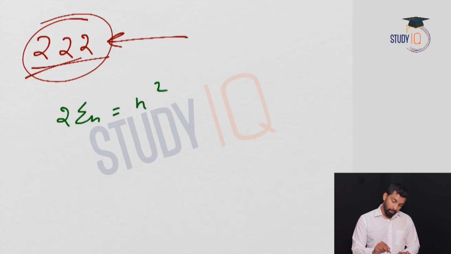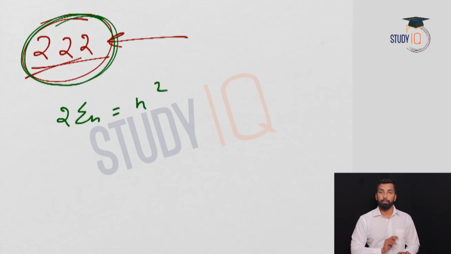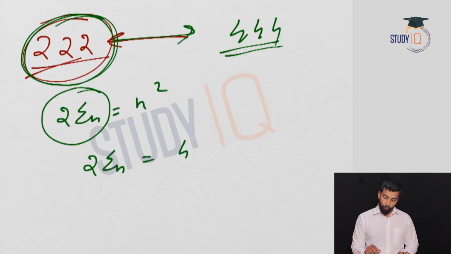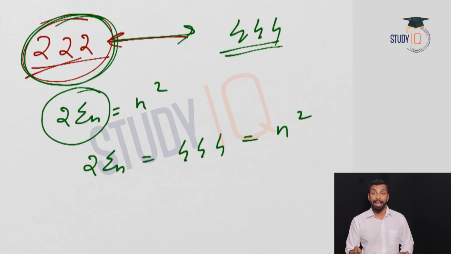For the time being, you assume that this is the sigma n number, because he is trying to find sigma n. What is 2 times of it? 444, right? So 2 times sigma n, you got 444, which is nothing but n square.